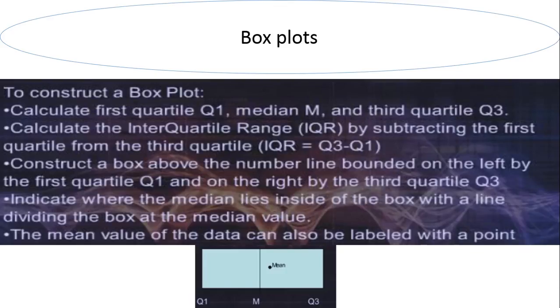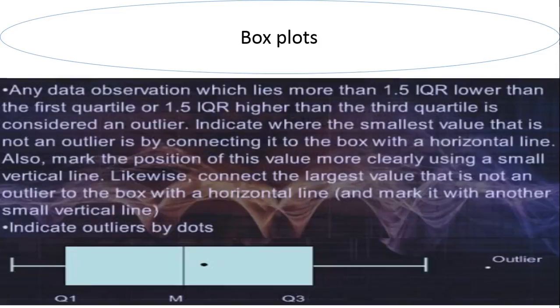Any data observation which lies more than 1.5 interquartile ranges lower than the first quartile, or 1.5 times the interquartile range higher than the third quartile, is considered an outlier.